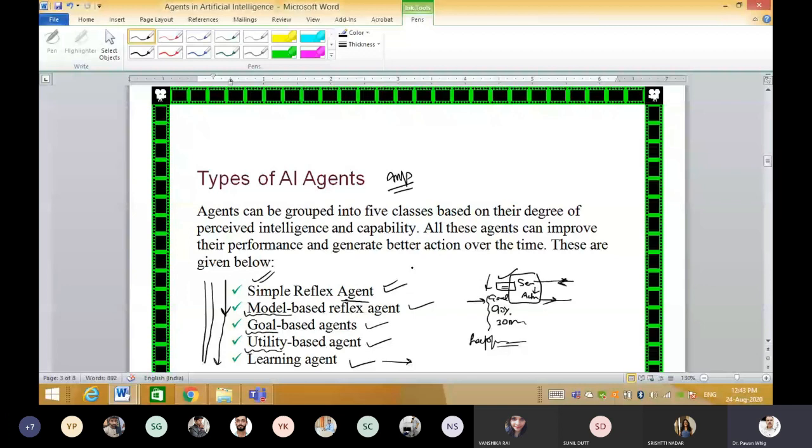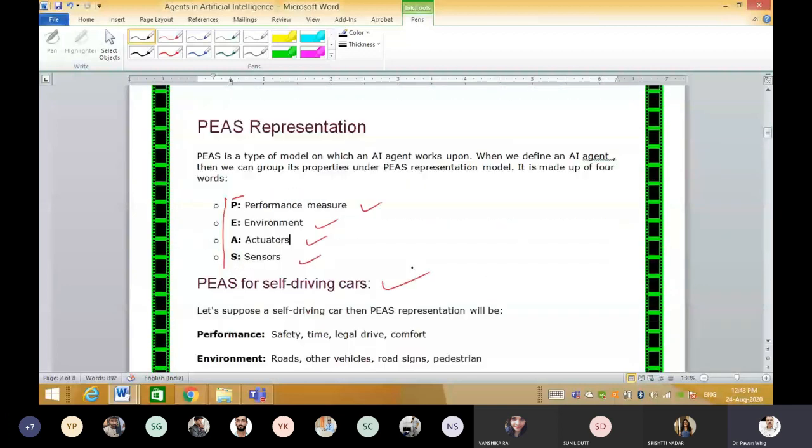Write down one more question. What is PEAS representation? What is the PEAS representation on which an AI agent works?